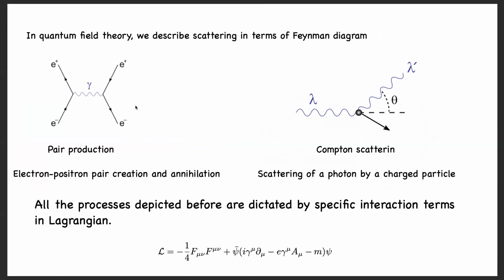This is an example of pair production. There is also Compton scattering, where a photon scatters off a charged particle, and we get a charged particle and a photon with a different momentum.